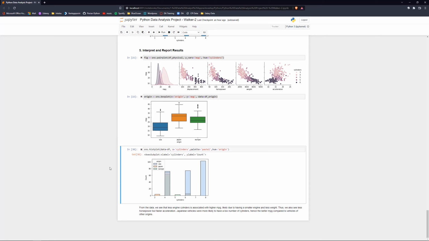But based on the data, fewer cylinders is associated with higher fuel efficiency, and I'm thinking that's most likely due to having a smaller engine and thus less weight. That's why we also see less horsepower but greater acceleration with lower cylinder vehicles. And since Japanese vehicles tended to have fewer cylinders, they tended to have the best fuel efficiency.